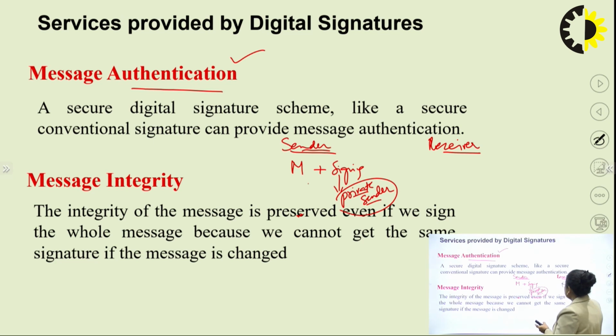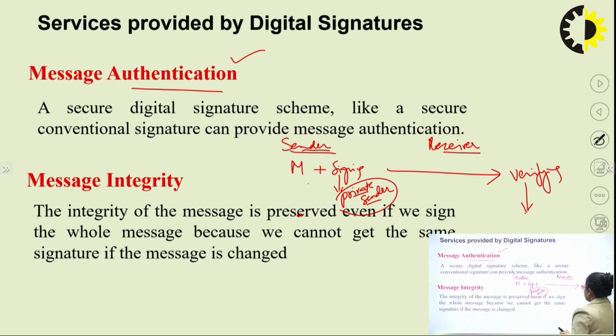Similarly, when the receiver gets this combination of the message and the signature, for verifying this, the receiver uses the corresponding pair. What is the corresponding pair? For signing, the private key of the sender was used, so the receiver will use the public key of the sender.